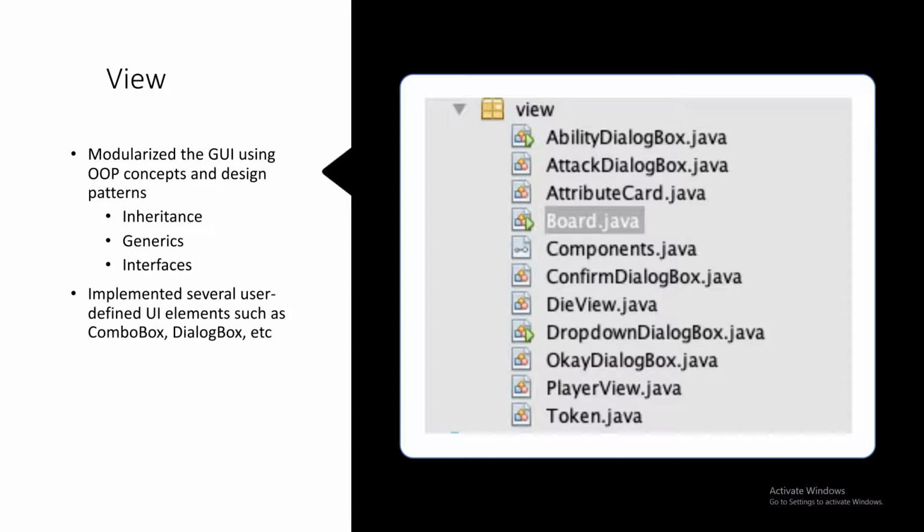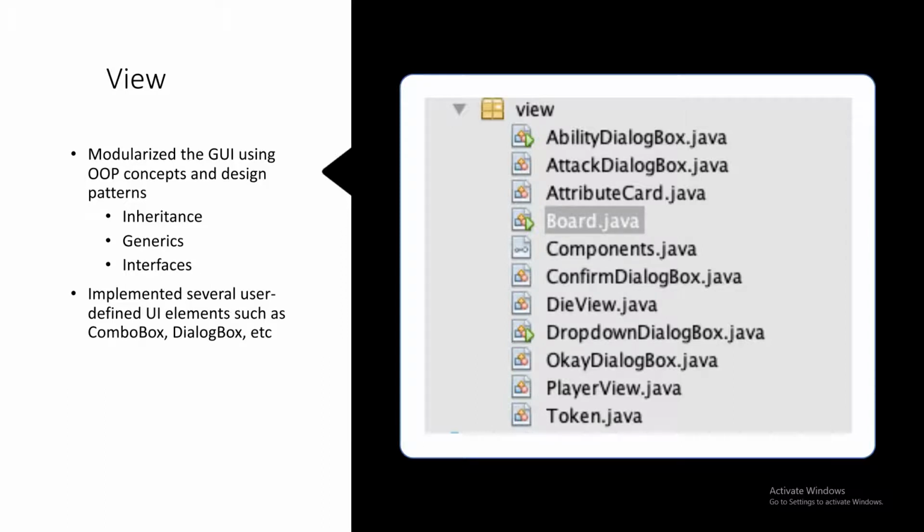For the view, it is going to be Shreyash. For the view, I decided to modularize most of the components of the view. This would promote reusability of code, which is a huge part of object-oriented programming. I also implemented a lot of object-oriented concepts and designs within the GUI.